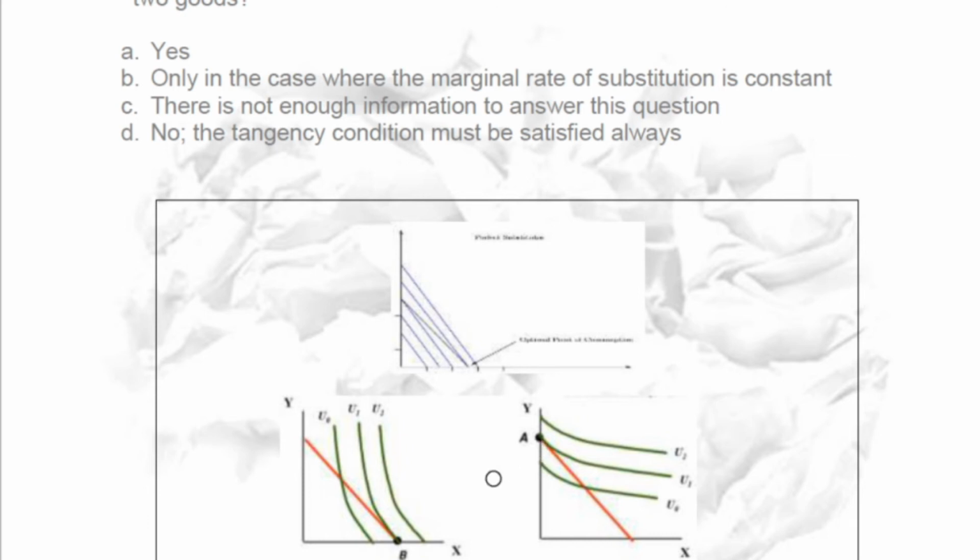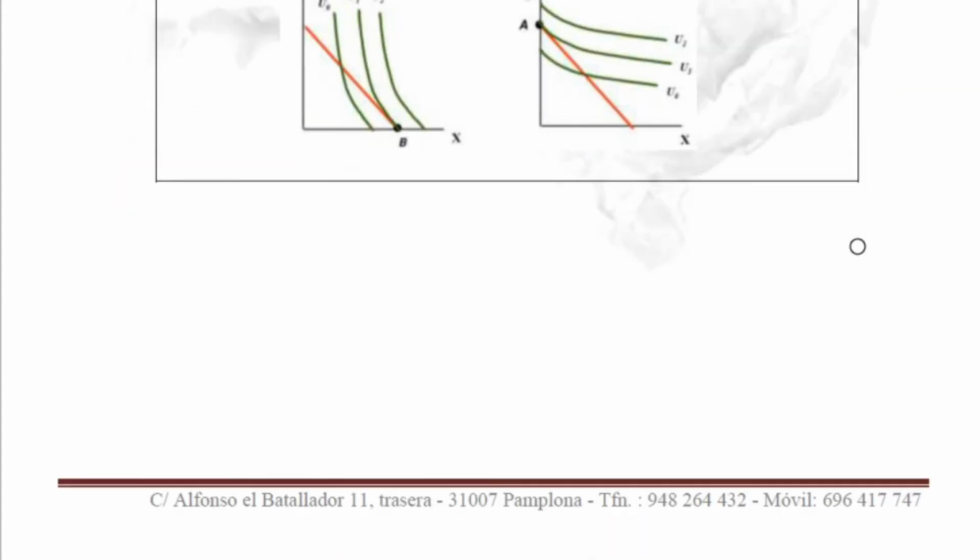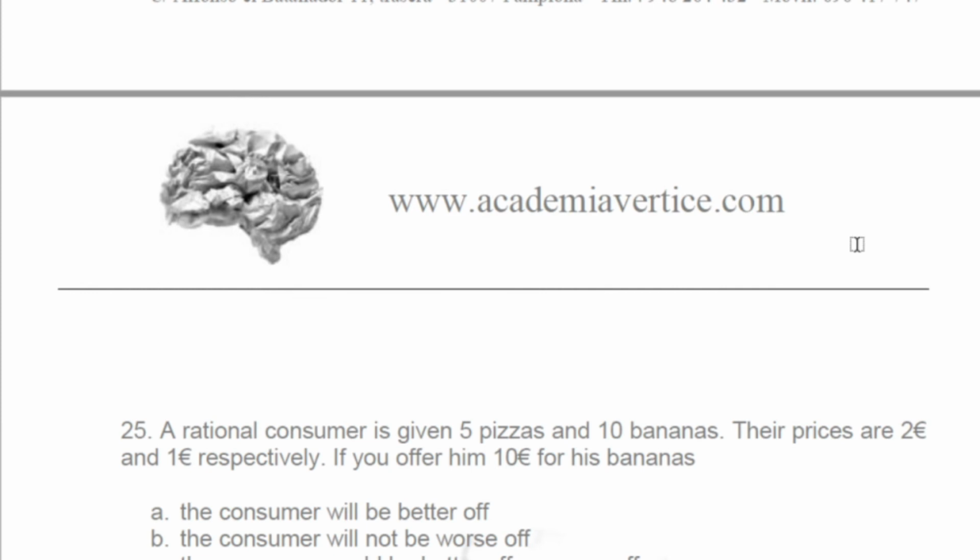We could have a point where the marginal utility of good X divided by the price of good X is not equal to the marginal utility of good Y divided by the price of good Y. So here the correct one is A. I usually comment on this question in class in the academy because I think this is a very beautiful question. So if you have any question, you can ask me.